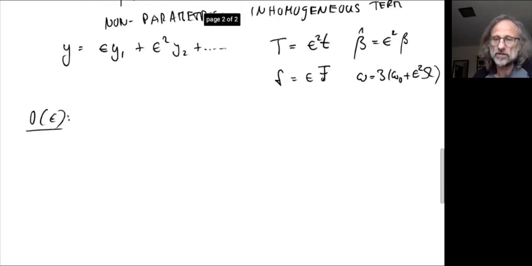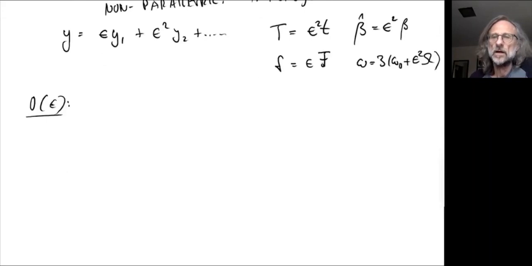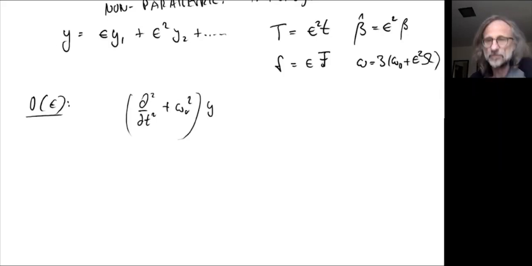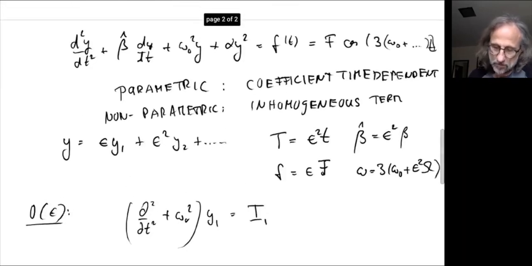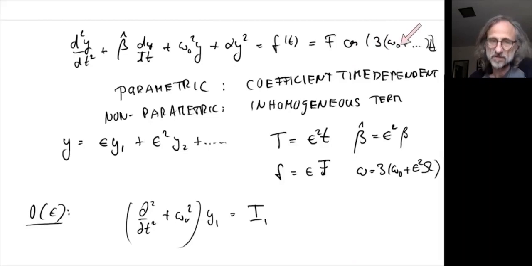So we have the equation at this order. It's given by d by dt squared plus omega naught squared, y1, and that's equal to some inhomogeneous term, which is that forcing term, f. It's the cosine, so it's 1/2 e to the i (3 omega naught plus epsilon squared capital omega). Maybe we should be explicit about it.